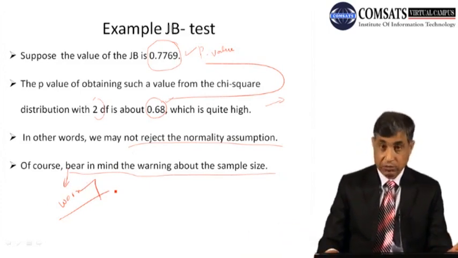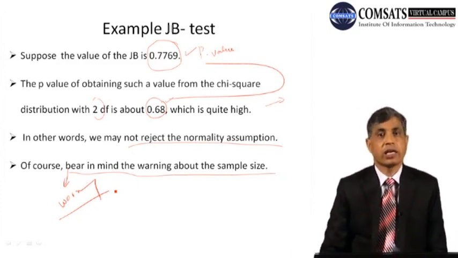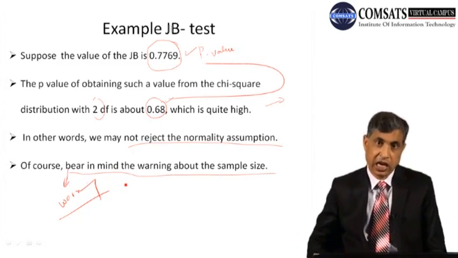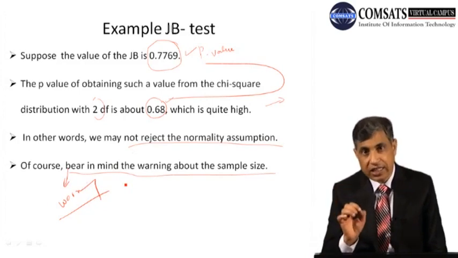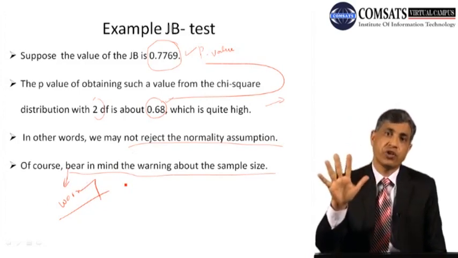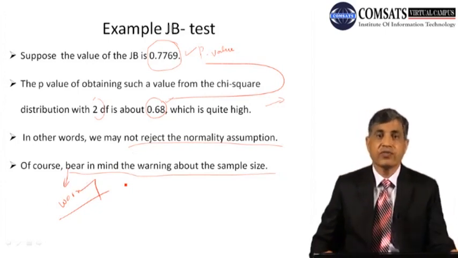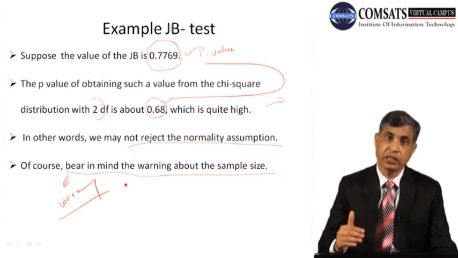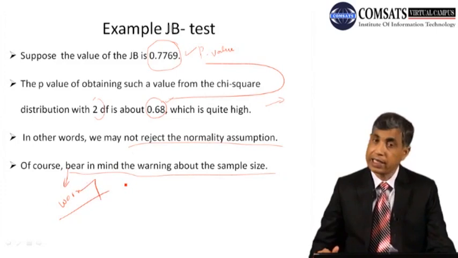My suggestion at this point is that whenever you run the regression, before going for multicollinearity testing, heteroscedasticity, and specification bias, the first and broader indicator is the Jarque-Bera test. If the p-value of the Jarque-Bera test is very small, then it is dangerous, and if the p-value is high, then it is not dangerous.